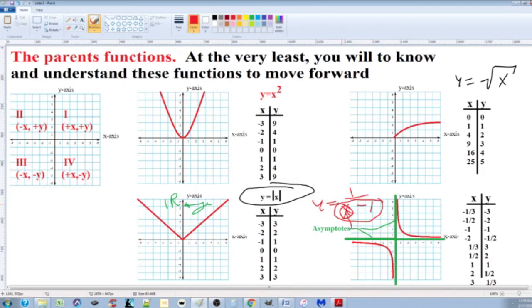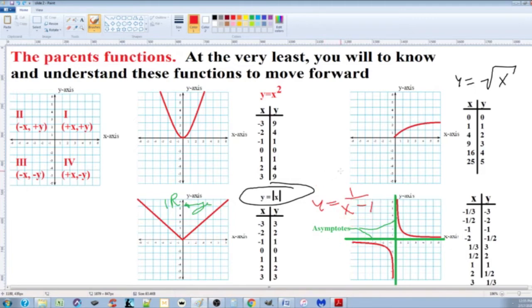Since x can't be 1, its asymptote would become right here. That's a terrible drawing, but its asymptote would essentially be x cannot be 1. And so the whole graph would shift that way. It would be drawn around x is equal to 1. And as a result, when x can't be equal to 1, y won't be equal to 1 either. But again, I'll show you how to figure that out.